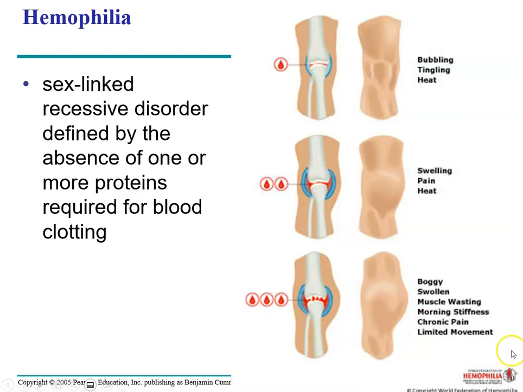And that can lead to other issues: chronic pain, limited mobility. So it could be fatal if the injury is severe enough that they lose blood or have internal bleeding and all these issues. But it's not as serious, I guess, as if you could compare them, muscular dystrophy. And like muscular dystrophy, there's no cure, but there are treatments. Somebody could get injections to supplement their body with that missing protein.